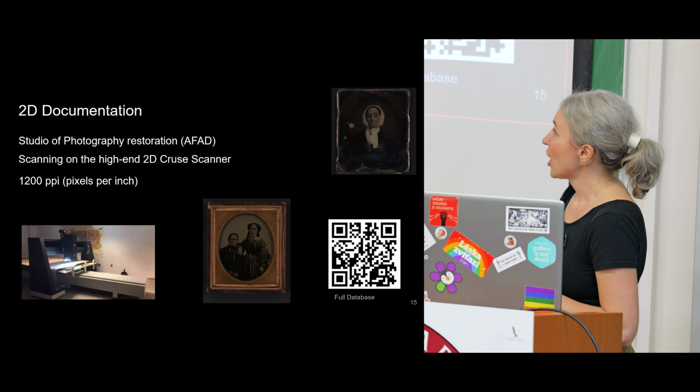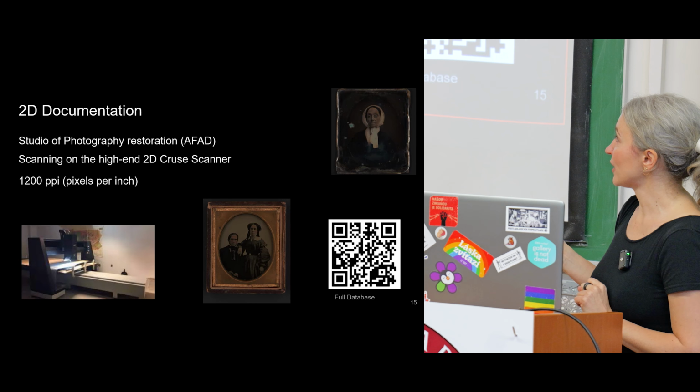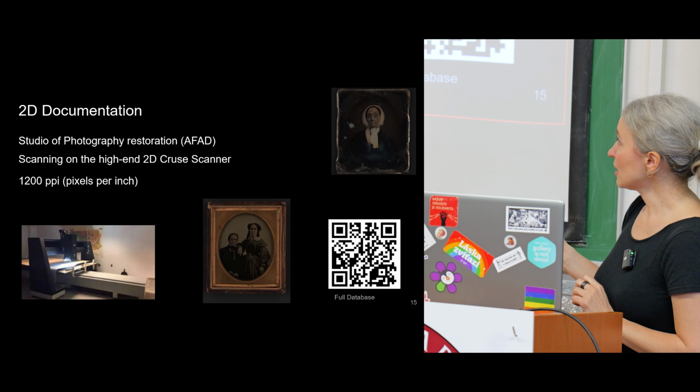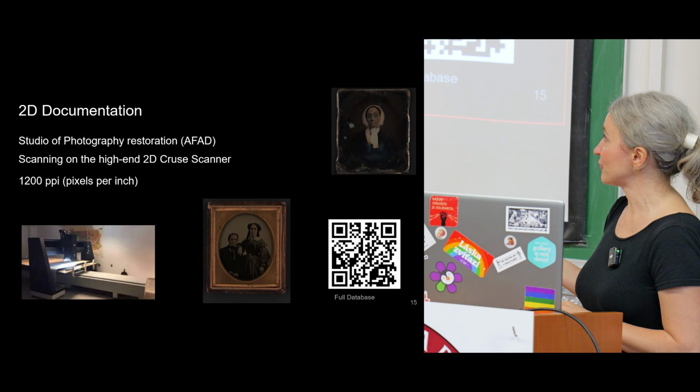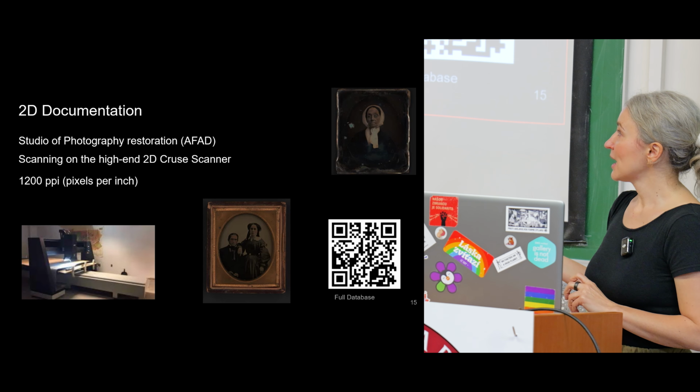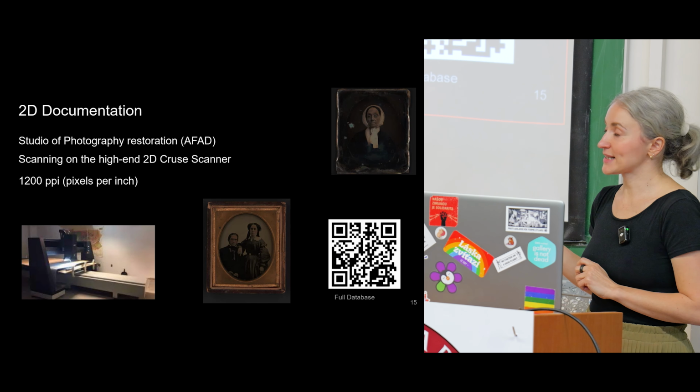In this case, we have teamed with restorers from the Studio of Photography Restoration, and we were using our high fidelity Cruiser scanner, which is similar to the one in the Slovak National Gallery.